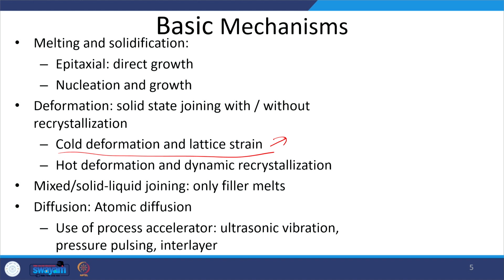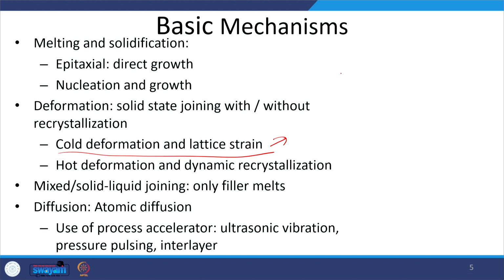So, whether it is ultrasonic welding or the deformation based approach of forge welding, under those conditions the lattice will be strained coupled with the plastic deformation, and that will increase the hardness and the strength at the joint interface.